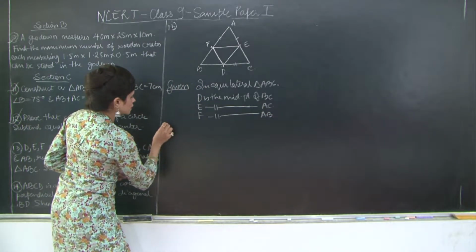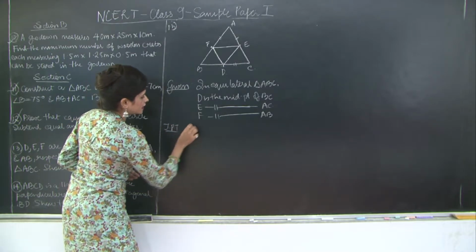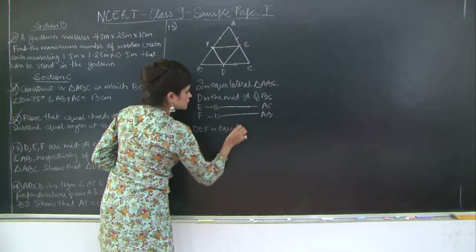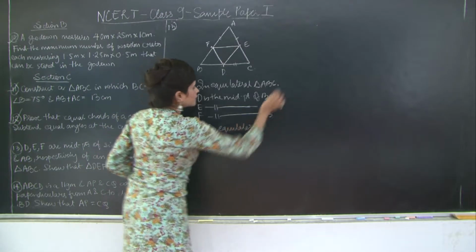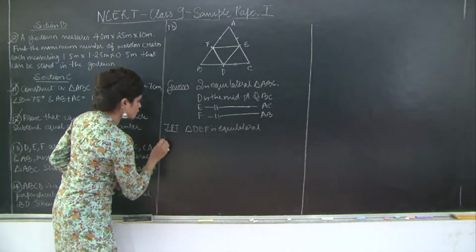Correct? I need to prove that triangle DEF is equilateral. So I will say proof.